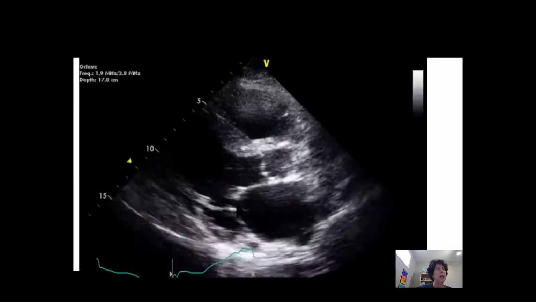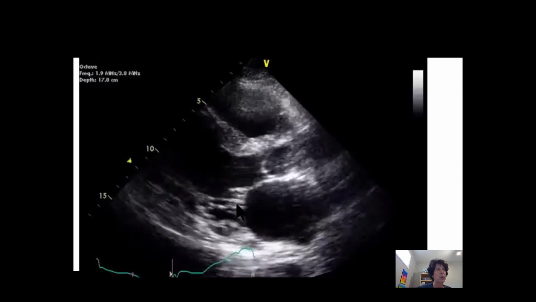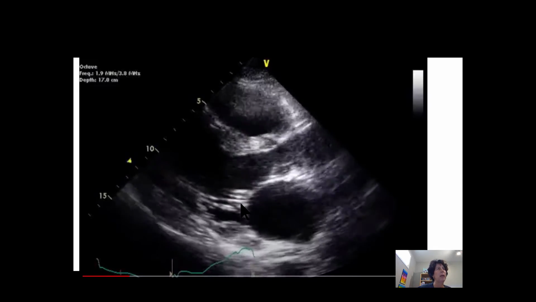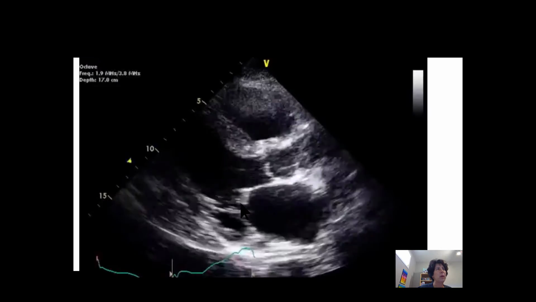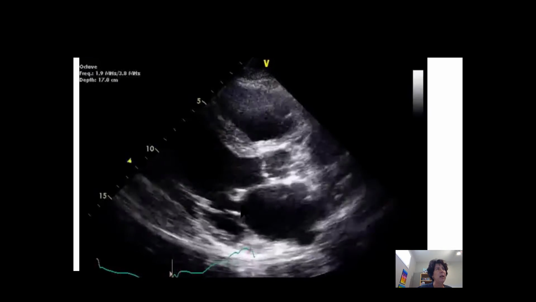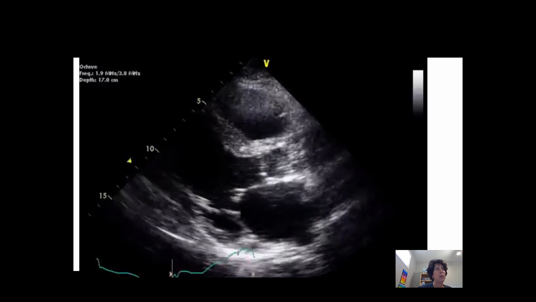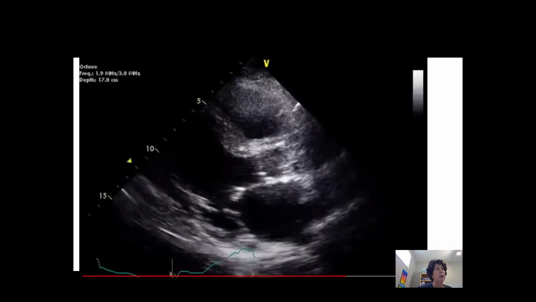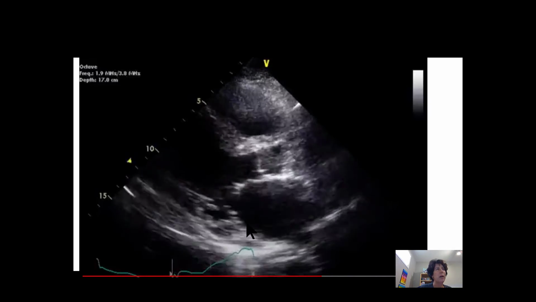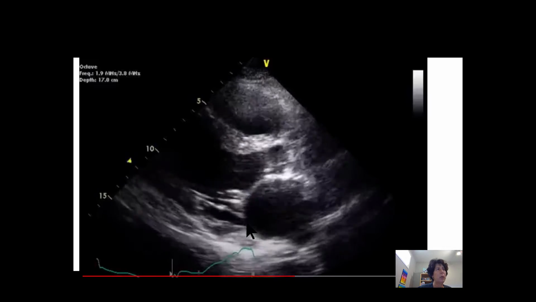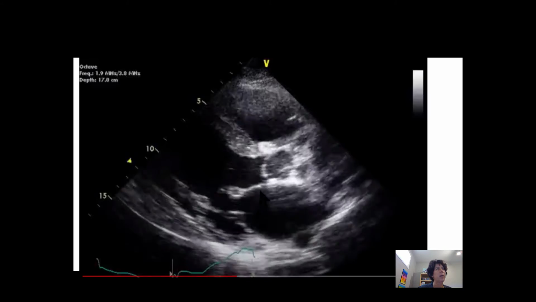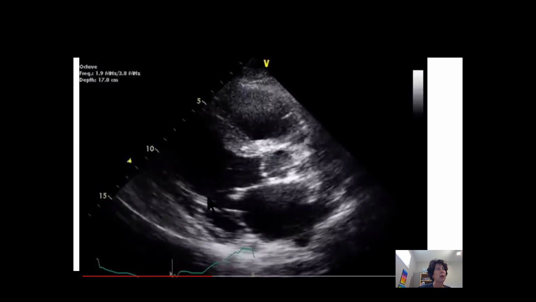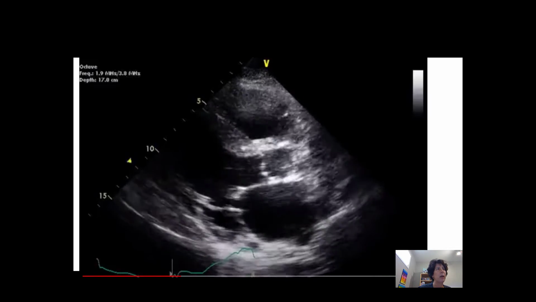Well, firstly, you could be cutting it wrong in terms of your image acquisition, but if you're imaging it appropriately, there's two reasons why the mitral valve might not open very well. The first is that you have a low flow state, and the other reason is that there's something wrong with the mitral valve. If we look at this mitral valve, it looks anatomically reasonably normal. I don't see significant calcification of either the valve leaflets or the chordal apparatus.